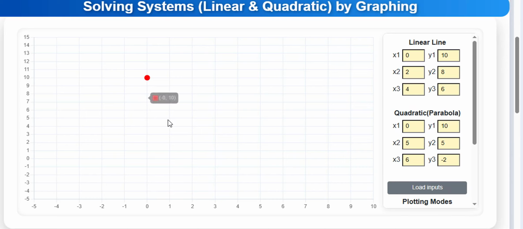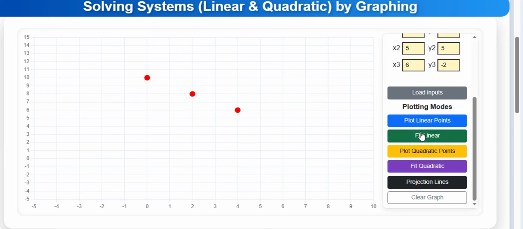Then we have (2, 8), which is somewhere here. Then we also have (4, 6), somewhere here. So I can plot this line like this, and we have our linear line.